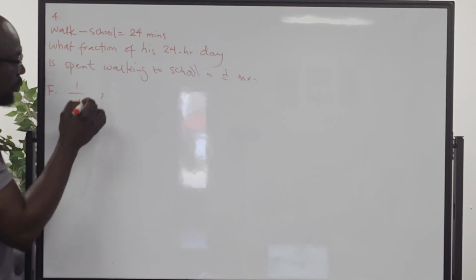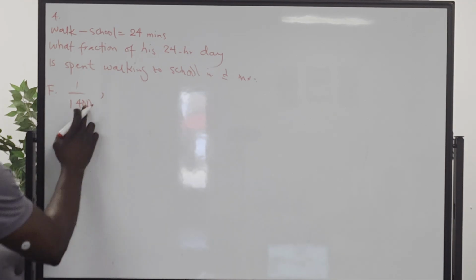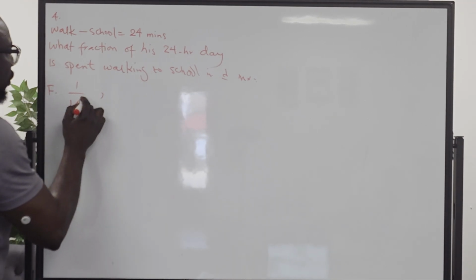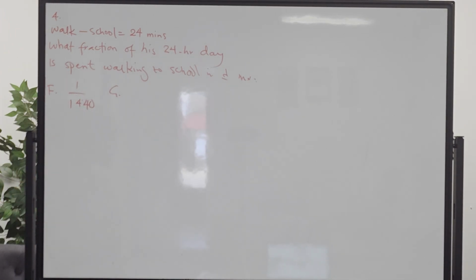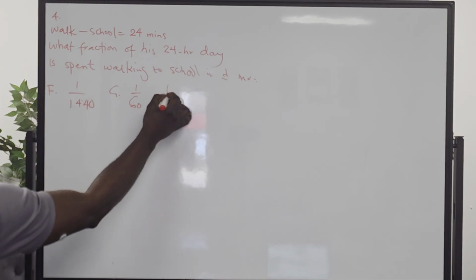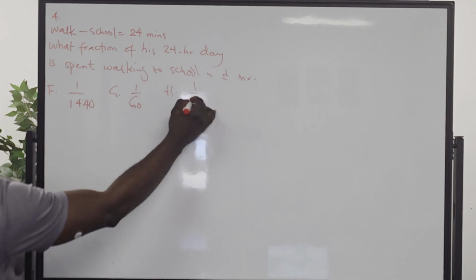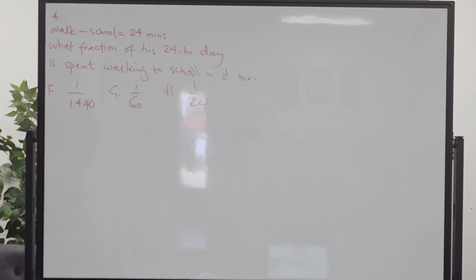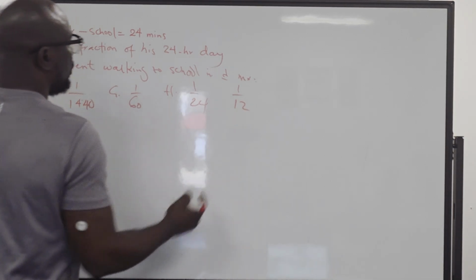So they give us option F is 1440, sorry. Option G, they said is 160. Option H is 124. And option J is 112.